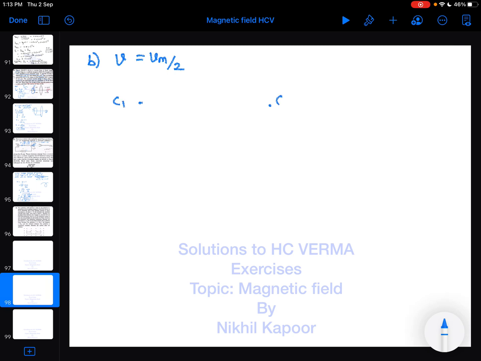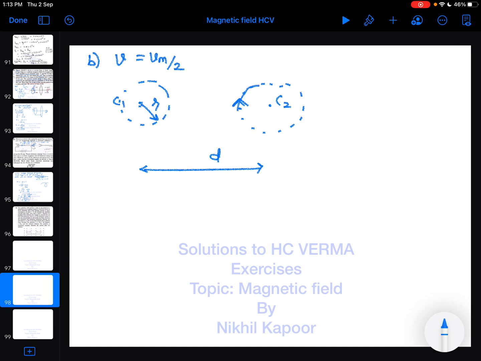So from the motion we can say the centers of the particles are at the separation d. And now the particle is moving in a circle of certain radius. Particle 2 is also moving in a circle of certain radius, that is already known to us.